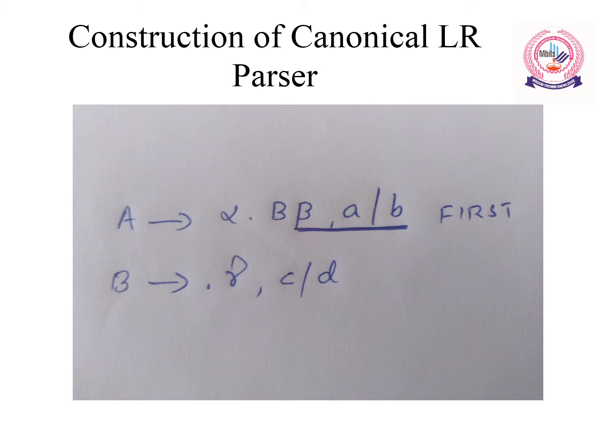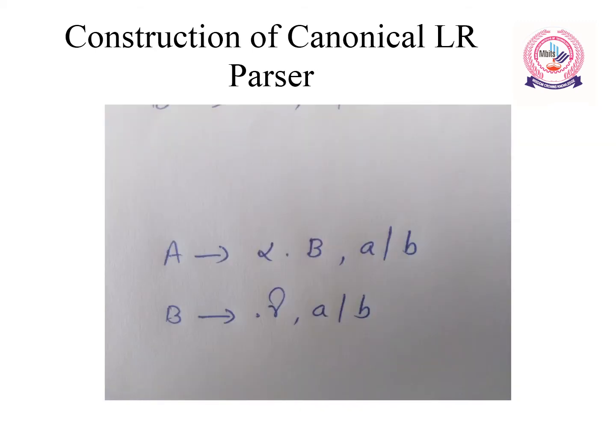That means in the given grammar, beta is the second symbol that comes after dot. So we need to identify first of beta. And suppose the first of beta here is c or d. That is why we write the lookahead for the production B gives dot gamma as c or d.